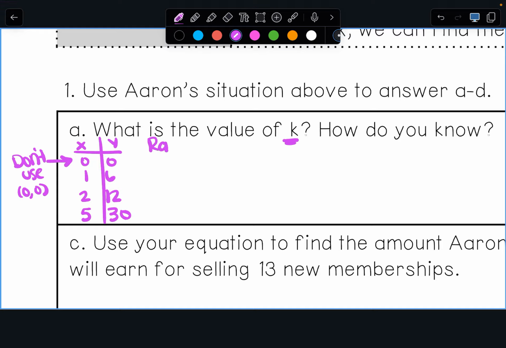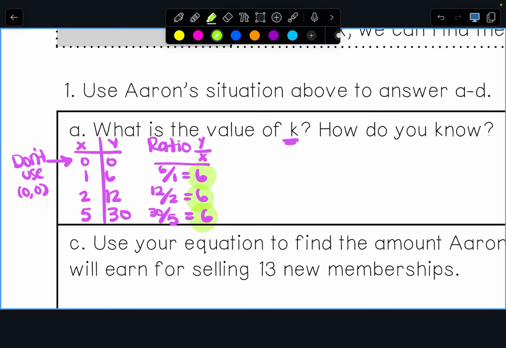So to find the ratio, you would take y divided by x. In this case, the very first ratio would be 6 divided by 1. 6 divided by 1 is 6. 12 divided by 2, the y value divided by the x value, is 6. 30 divided by 5, y divided by x, is 6.